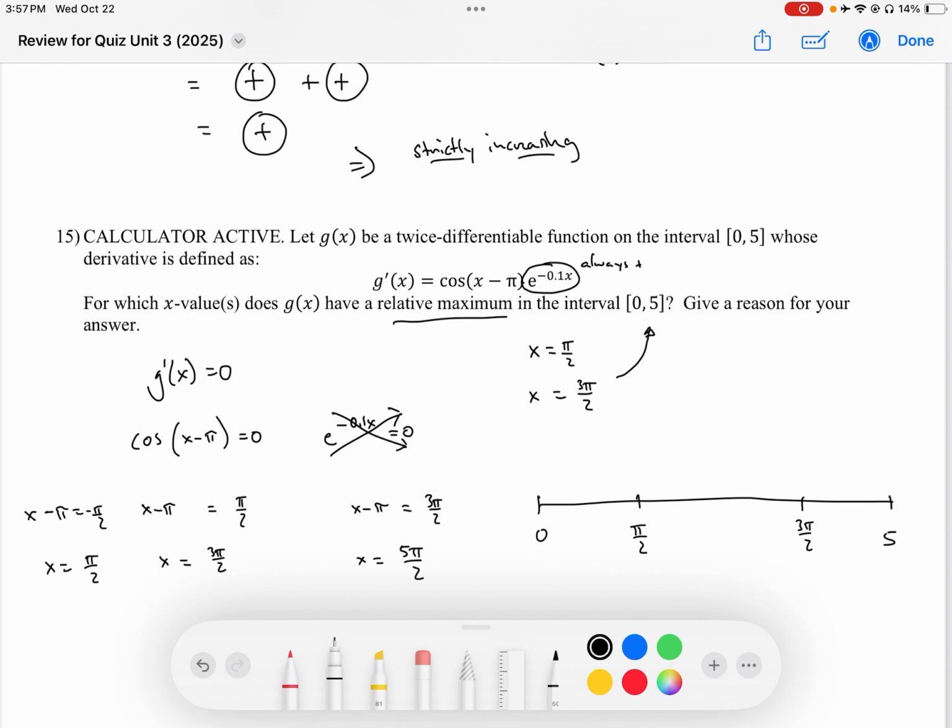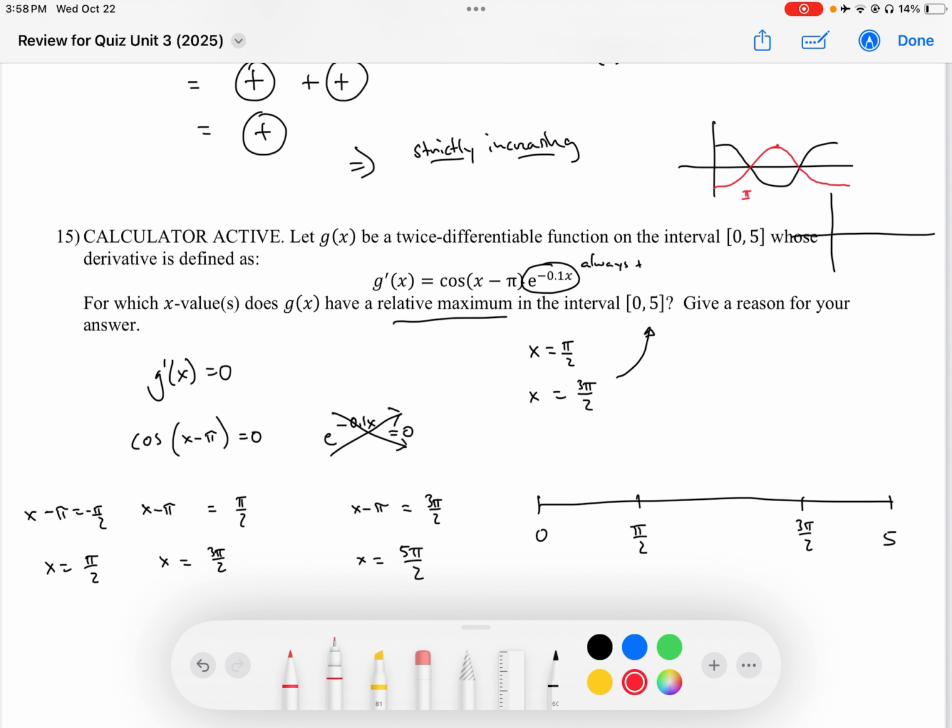So I could really just think about the graph of cosine of x minus pi. Now, cosine looks like this, but if I subtract pi from it, I'm moving the whole thing to the right pi. So it's going to look like this, basically. It's not the reverse, but the reflection of it across the x-axis.